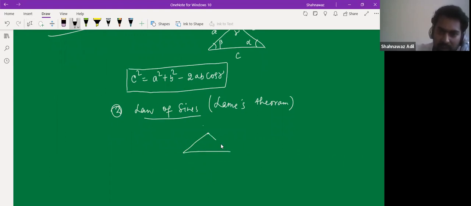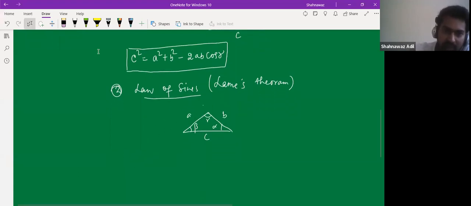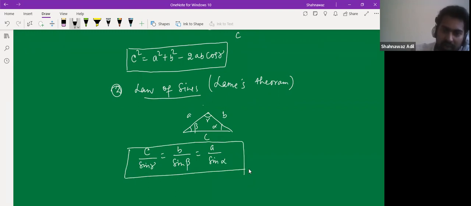So you have beta, gamma, alpha opposite to A, B, C. So the law of sines says that the value of C by sine gamma will be equal to B by sine beta and will be A by sine alpha. Okay. So these are the laws of sines and cosines of a triangle. Understood up to this point? Yes, sir.